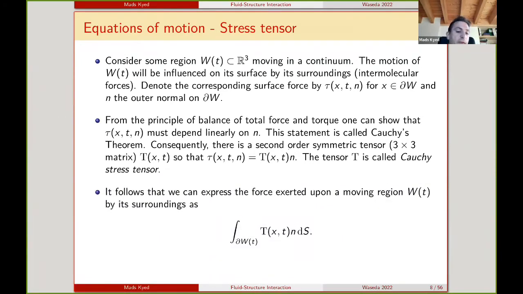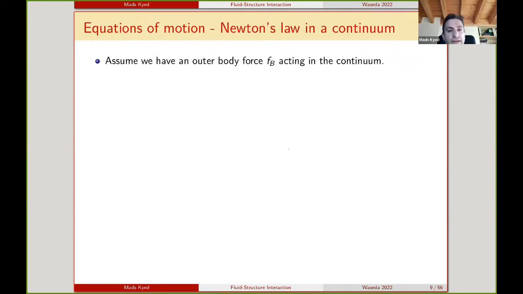So whenever we have a continuum, be it a fluid or an elastic structure, we can express the intermolecular forces that act on a moving region as a surface integral of the Cauchy stress tensor times the normal component of the region. Okay, so that's the basic notion I need from continuum mechanics in order to go to the next step.